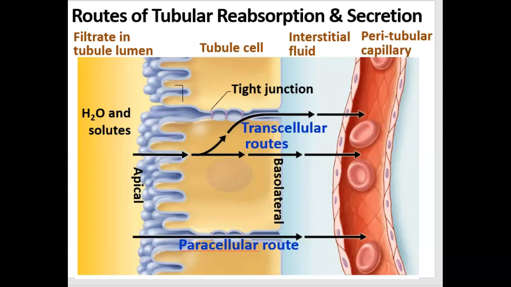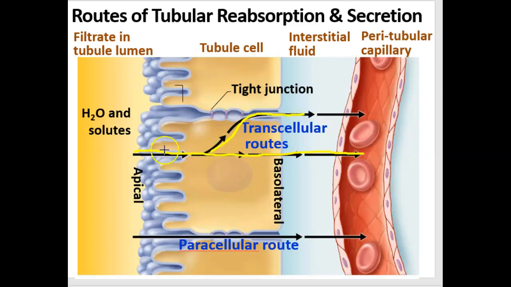So substances can take one of two routes. Either they go through the cell, which is shown by the transcellular route right here. That might be right across the cytoplasm of the epithelial cell. Or sometimes they take a little detour and at the very end go in between cells.